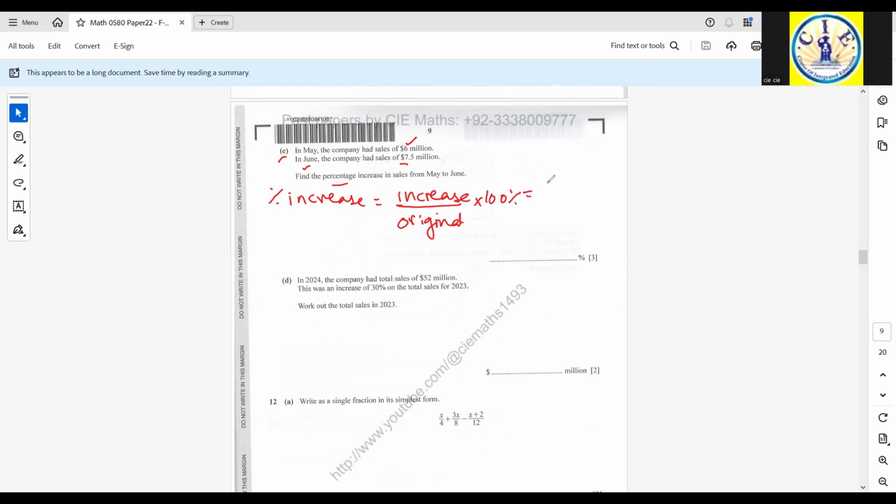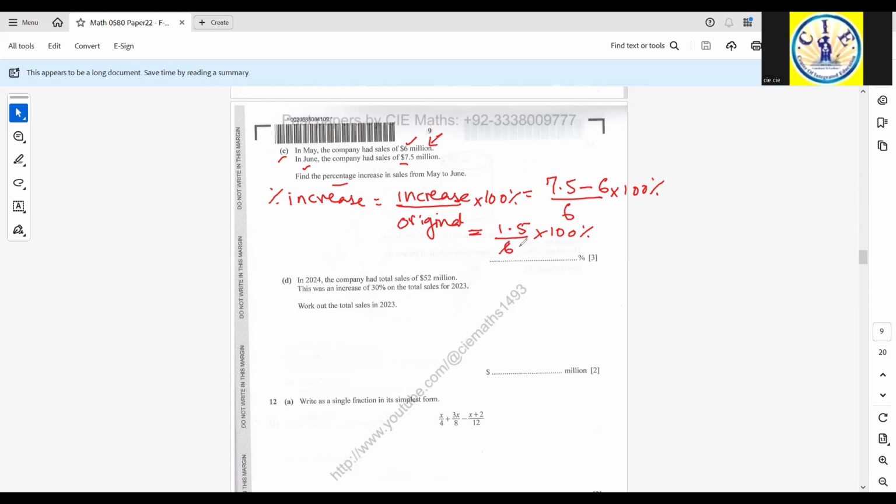So for increase, I'm going to write down 7.5 minus 6, because this was the initial or original value where it started from. And then I need to divide it by 6 and then 100%. So the answer is 1.5 divided by 6 times 100%.